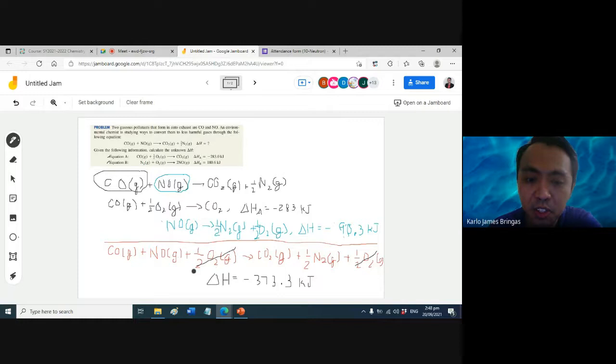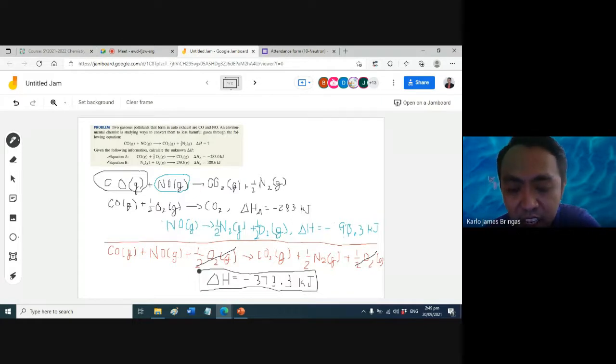Just so that we can see clearly anong final answer, we make it a habit to box or encircle our final answer. So delta H is as follows. So that's how we use Hess's law for our, when we have the thermochemical equations as the given data.